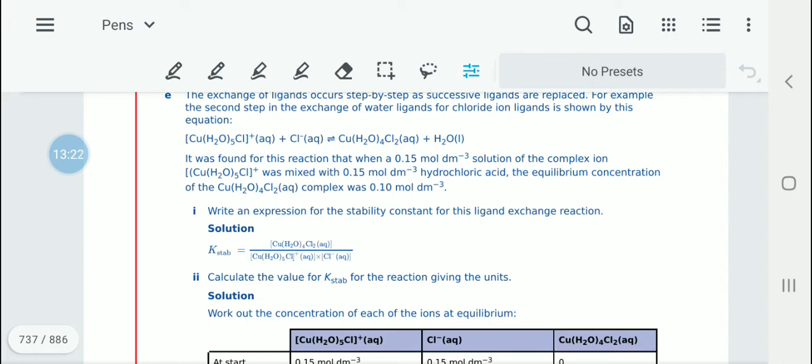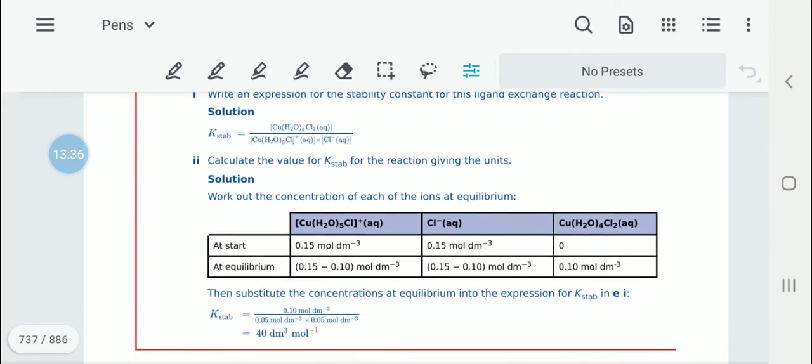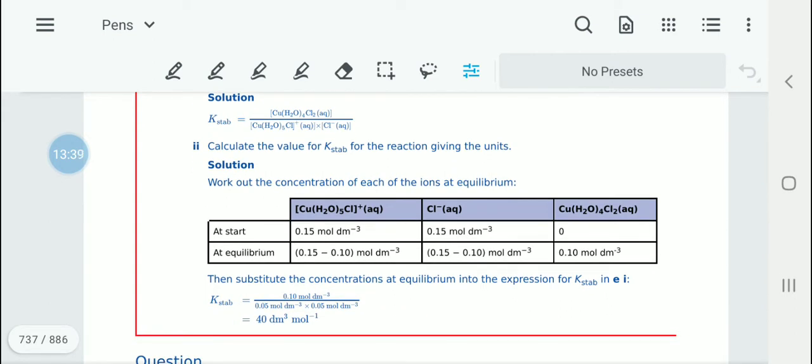So the stability constant equation is Cu(H2O)4Cl2, that is the product, over the reactants, Cu(H2O)5Cl+ and Cl-. Then they ask you to calculate the K stab value for the reaction, giving the units. They have given the values at the start.